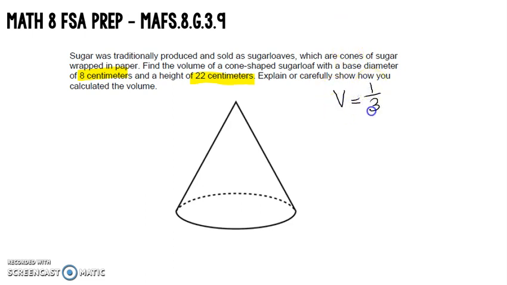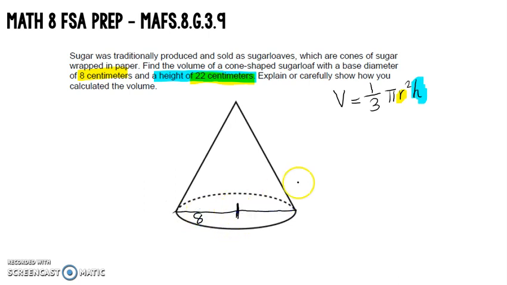Well, that volume formula is 1/3 pi r squared h. So a cone and a cylinder are a little bit different than a sphere because we have a radius and we have a height that we're going to have to plug in. Again, they're saying that the diameter is 8.